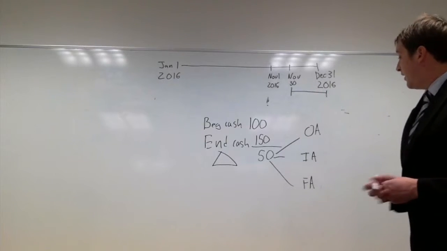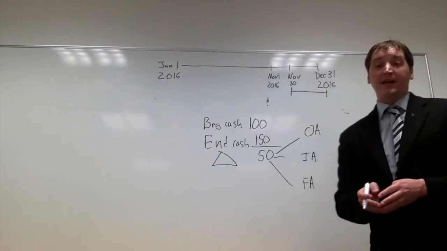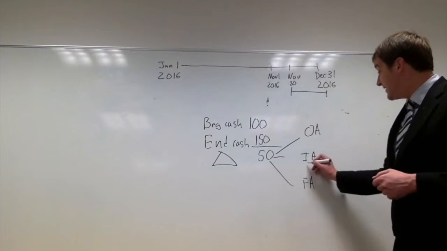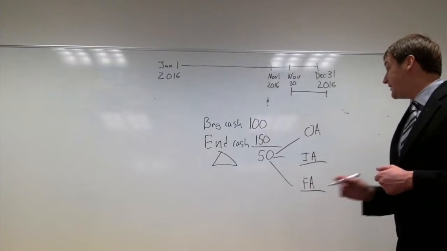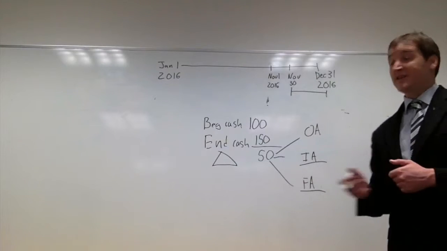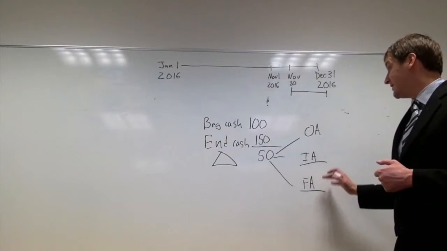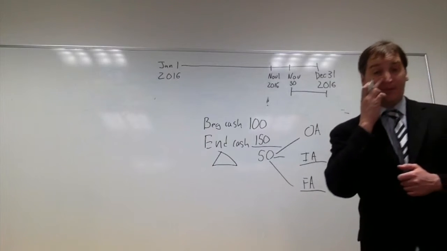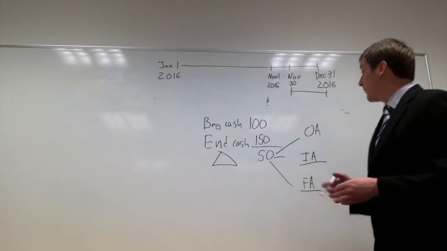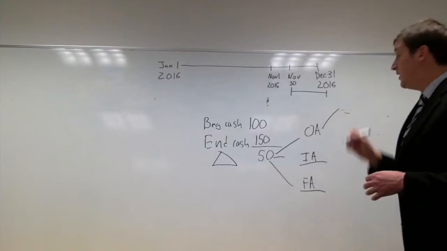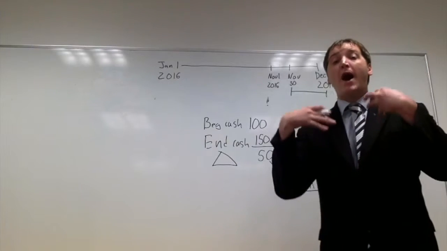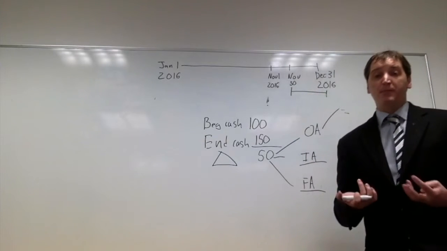So, FASB very clearly defines what an investing activity is and what a financing activity is. So if it's not an investing activity or a financing activity, it's an operating activity. So an operating activity basically answers the question, why are we here? Why are we in business?